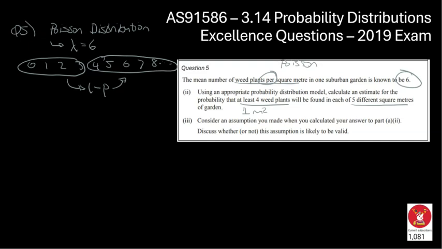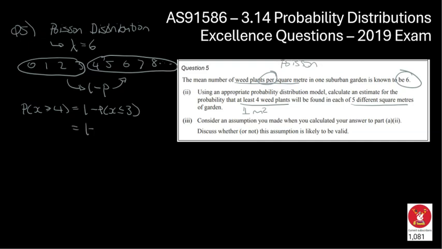So to get a bit more mathy with it, the probability that X is equal to or greater than 4 is equal to 1 minus the probability that X is equal to or less than 3. So that's basically saying this group is going to be equal to 1 minus this group. So we then plug it into our calculator.